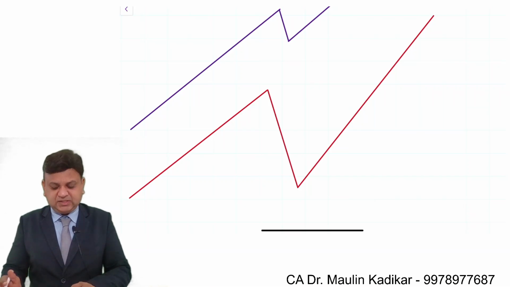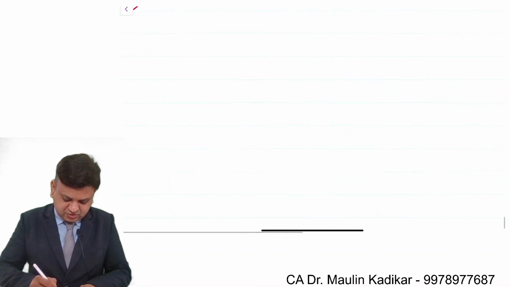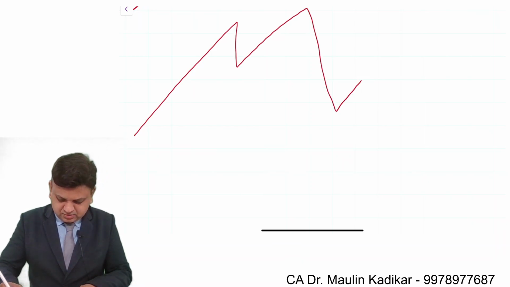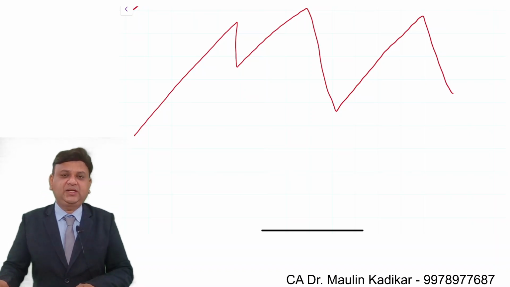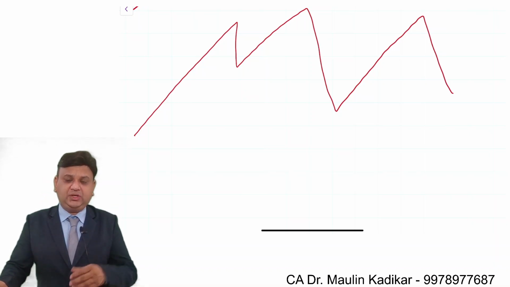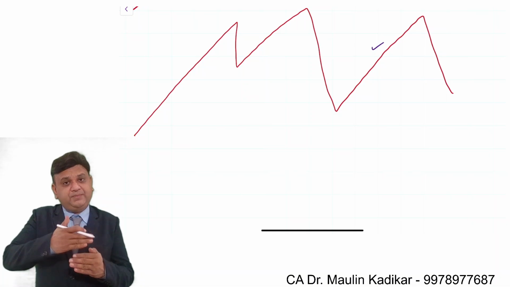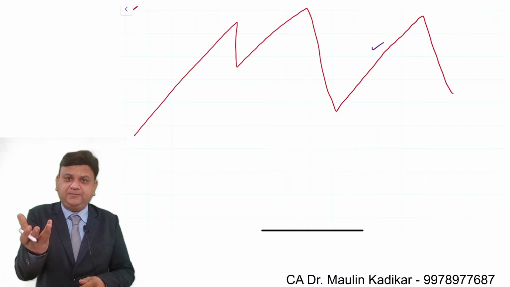If it goes like this for a longer period, then it is easy to predict the future price, because whenever it goes up like this, we know it will continue up for at least 5 days, at least 10 days.